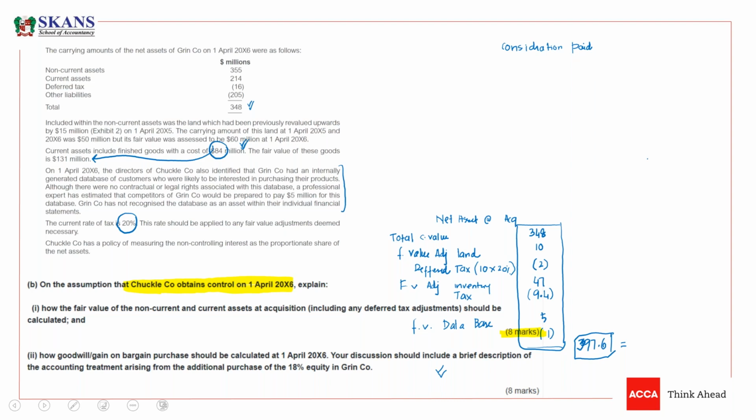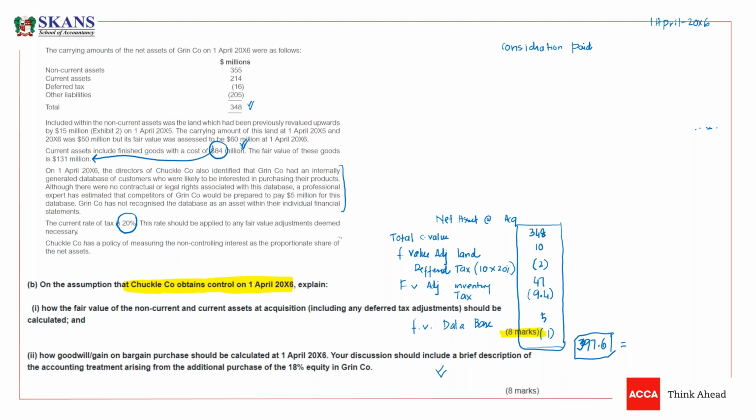So goodwill is being calculated at the date of acquisition. The first point is goodwill is being calculated at the date of acquisition. So we need to calculate goodwill on 1st April 2006. Every value that you are going to use in goodwill calculation should be at 1st April 2006, and all the values should be at fair value in this question.